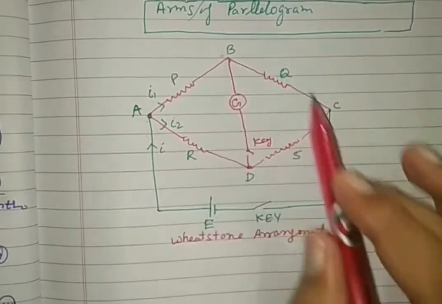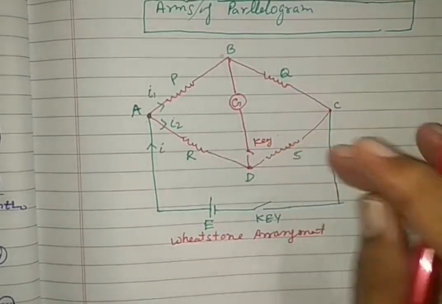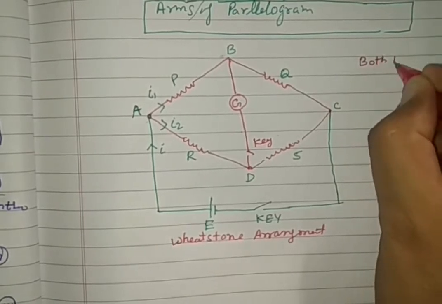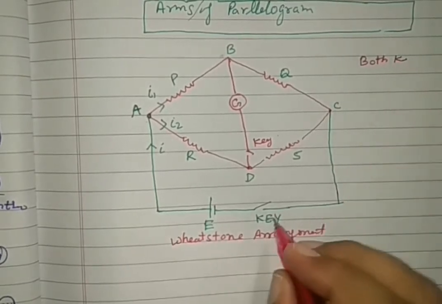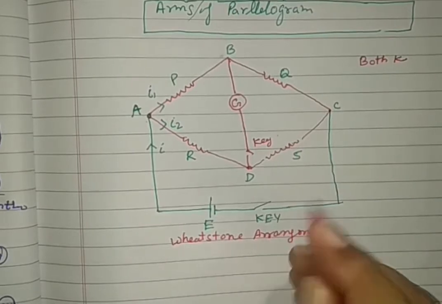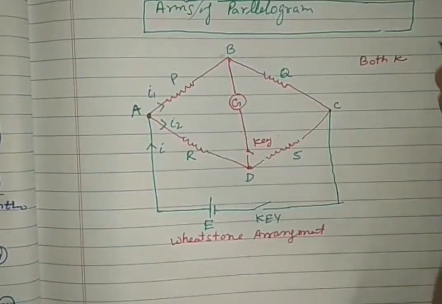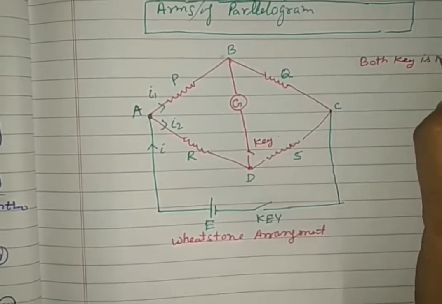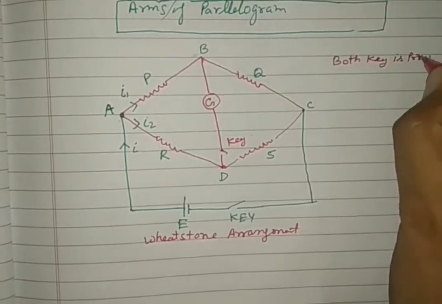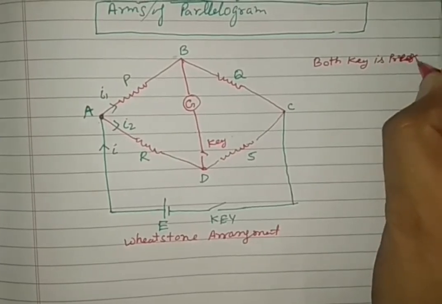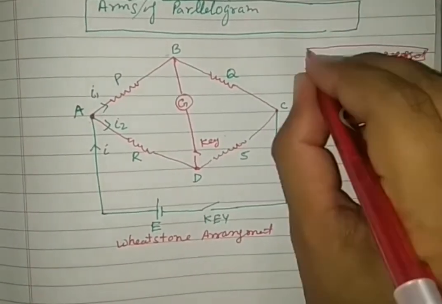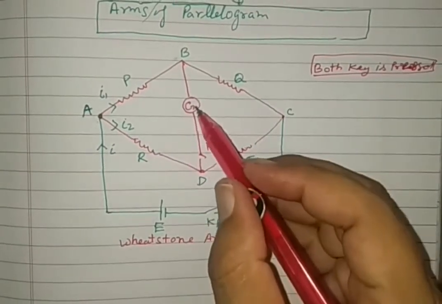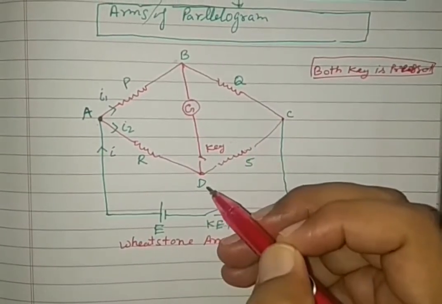See, when this arrangement is made and both keys are pressed, when the first key is pressed, then current flows, and when the second key is pressed too, meaning both keys are on, not at the off position, then deflection is obtained in the galvanometer.